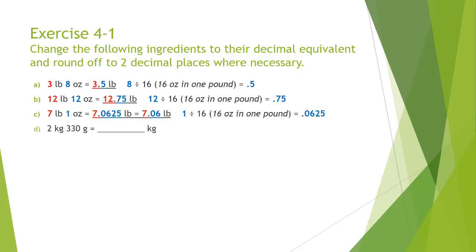Let's get into something a little bit easier with the metric system. We have 2 kilograms and 330 grams. Exact same thing here. If we have 2 kilograms on this side, we are going to have 2 kilograms here.